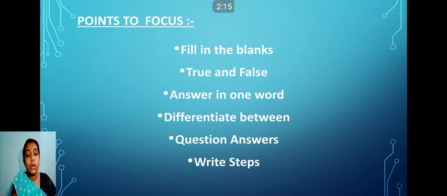That is why I am saying be thorough with the chapter, because whatever is there in the book exercise is from the chapter itself. Nothing is from outside. So if you are thorough with your chapter, definitely all those points which I have written to be focused on will be covered automatically.